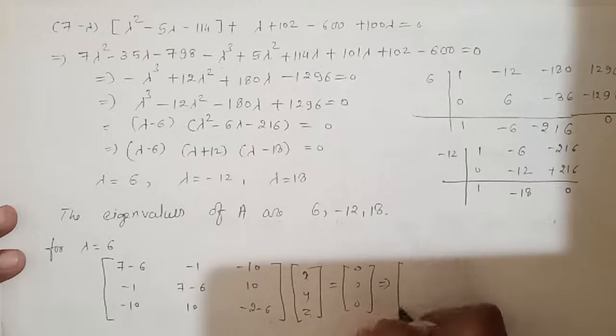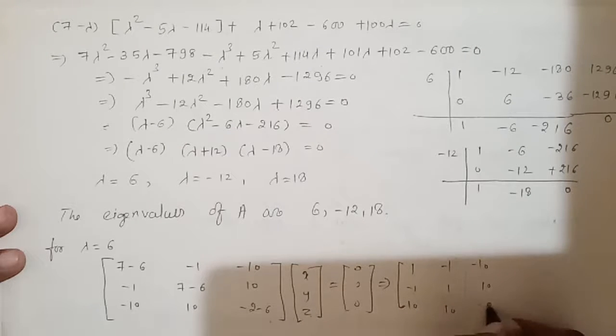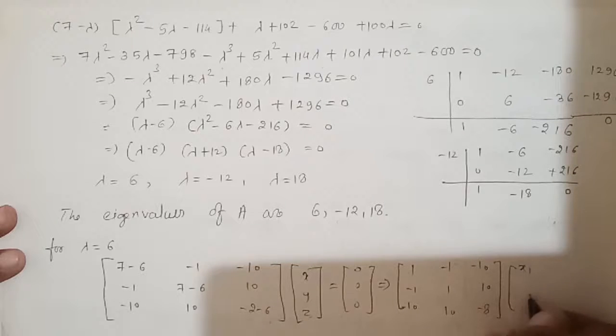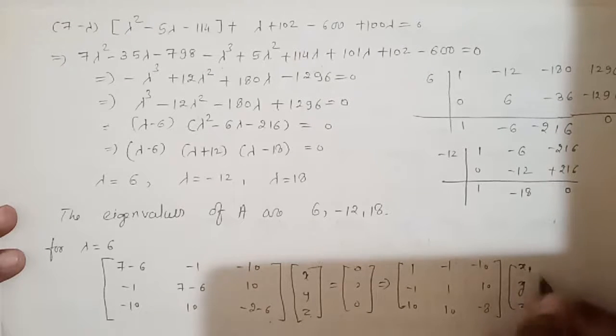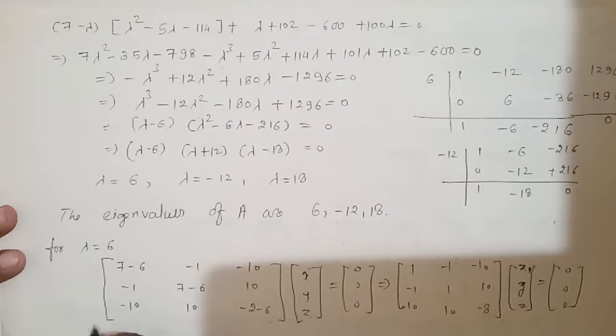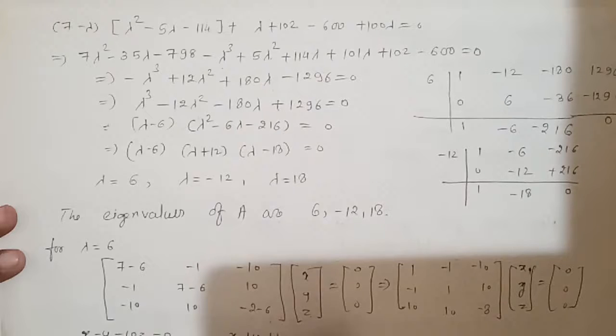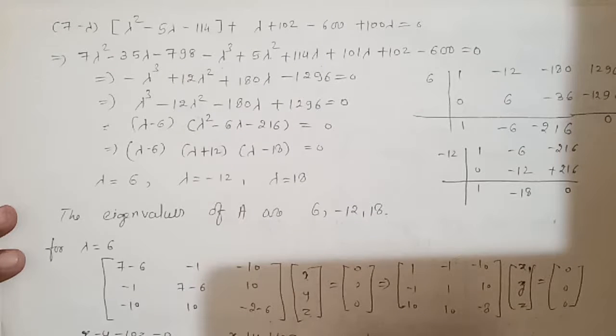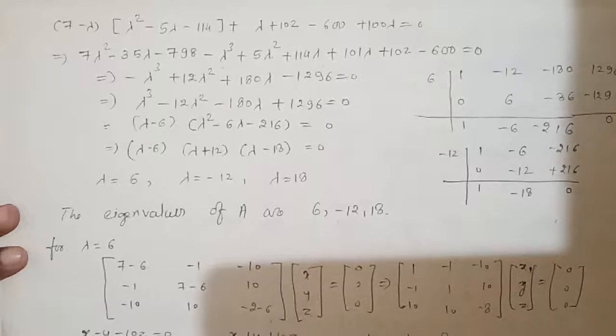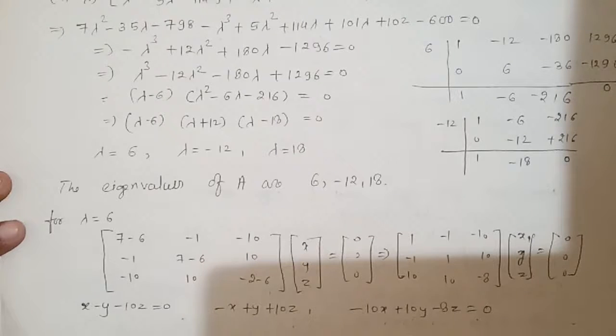So this is equal to 1, minus 1, minus 10; minus 1, 1, 10; minus 10, 10, minus 8, times x, y, z is equal to 0, 0, 0. So we are getting x minus y minus 10z is equal to 0, minus x plus y plus 10z is equal to 0, minus 10x plus 10y minus 8z is equal to 0. So these are the three equations which we get from the matrix.